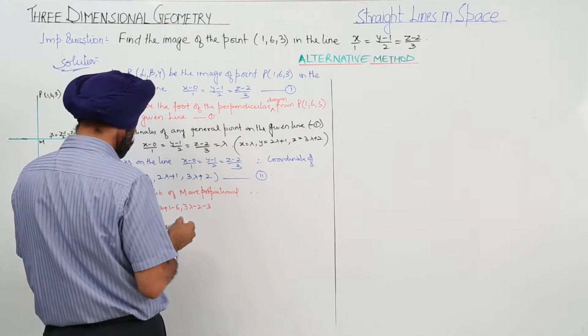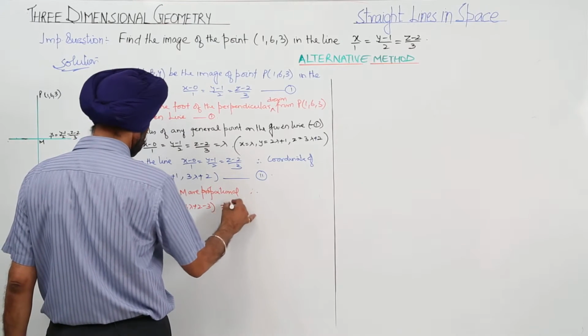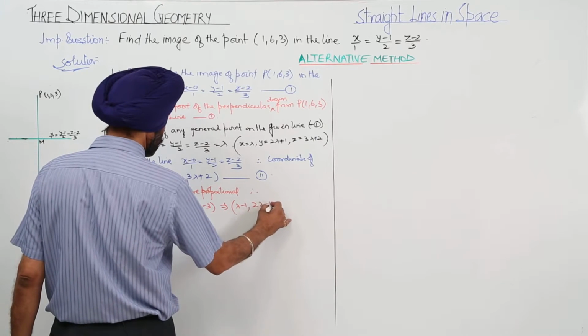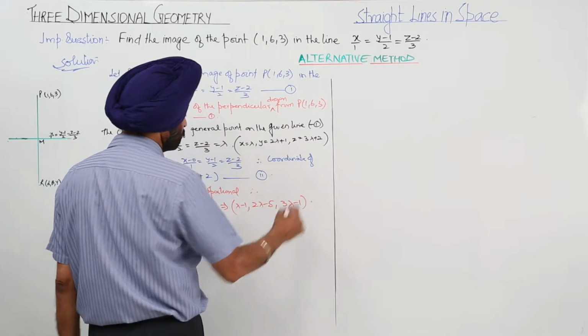So this becomes 3 lambda plus 2 minus 3. Now, this implies lambda minus 1, 2 lambda minus 5 and 3 lambda minus 1.